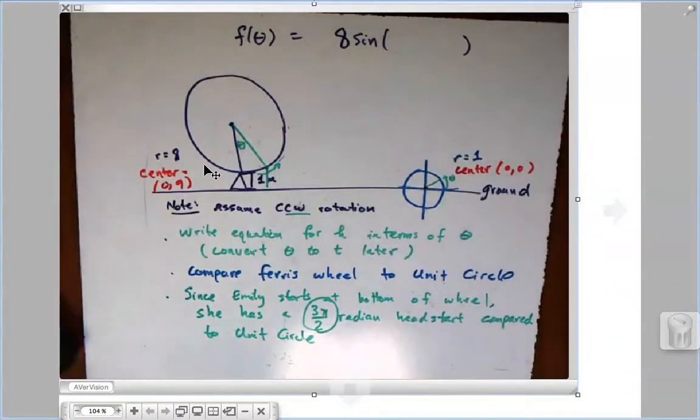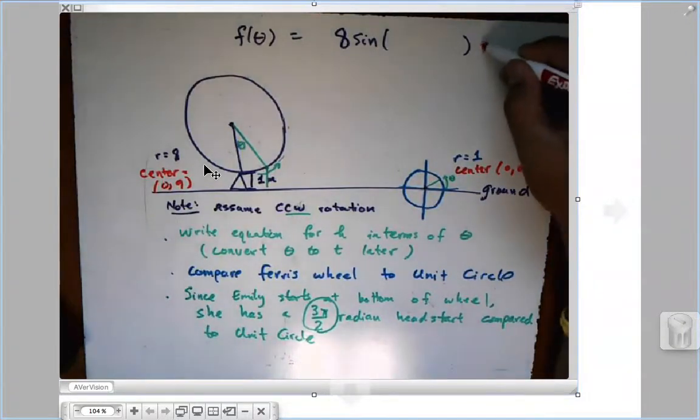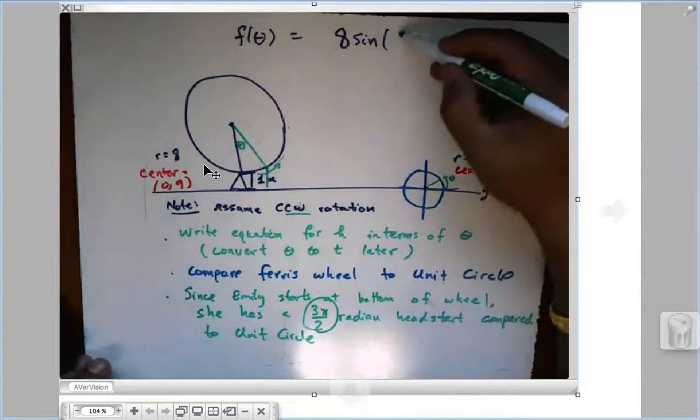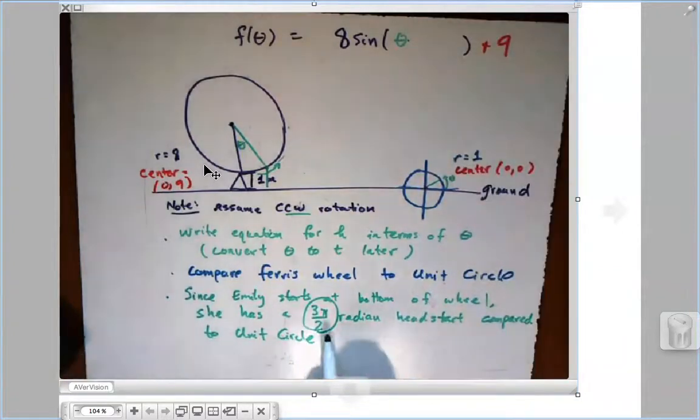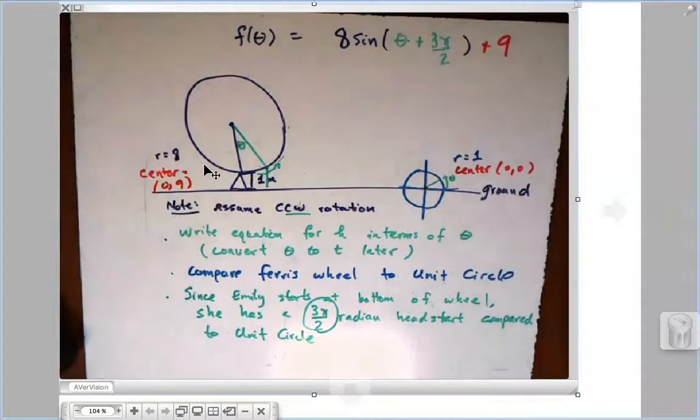And we know that when you're moving something up and down for our function in terms of transformation, you're really adding to it. So we're adding 9 to it. And, again, instead of taking the sine of theta, well, we know that she has a 3 pi over 2 head start. So we have to add 3 pi over 2 to our angle.